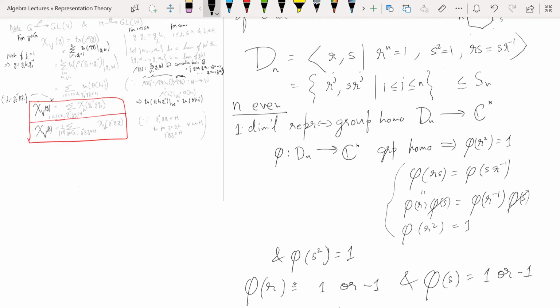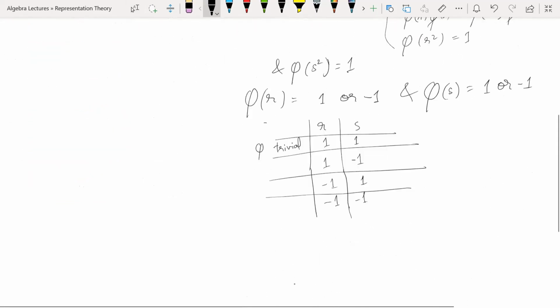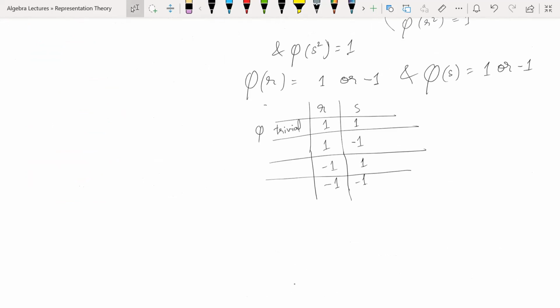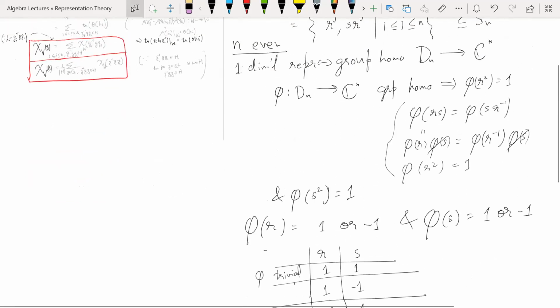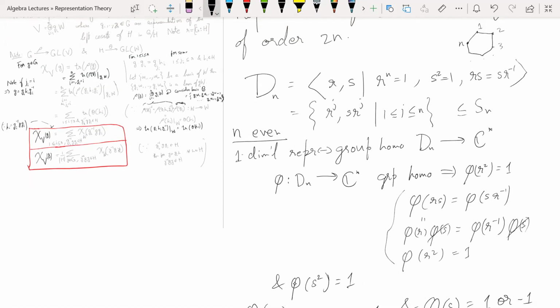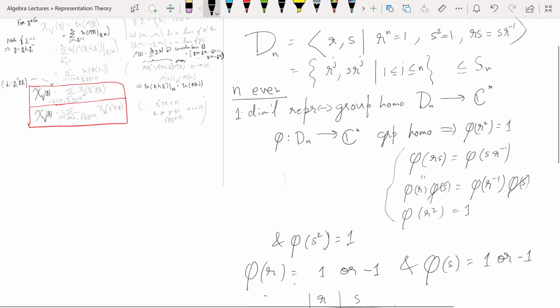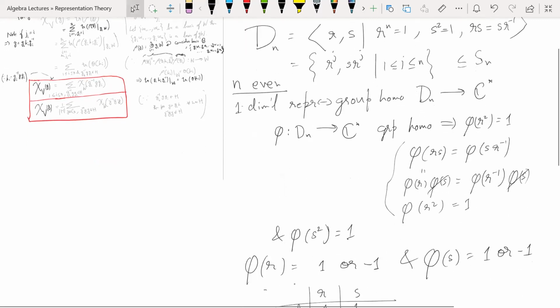Remember, n is even. So if you send phi R to be -1, then phi of R power n will be 1, and phi of S square will also be 1, and phi of RS is the same as phi R times phi S, which is the same as phi S times phi R inverse, because phi R and phi R inverse have the same value.